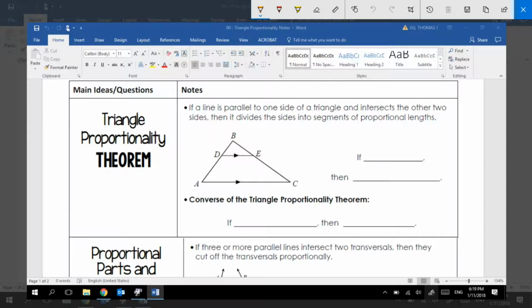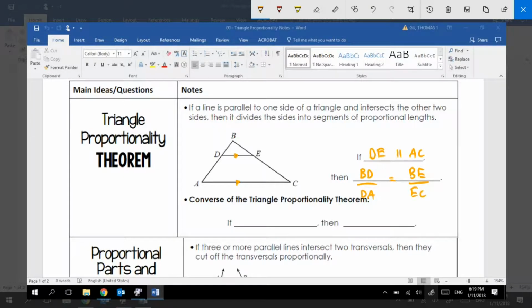So look at our figure here, and it's pretty much saying if DE is parallel to AC in our picture, and then it's labeled with these triangles, boom. So these two lines are parallel, then BD over DA is going to be equal to BE over EC.